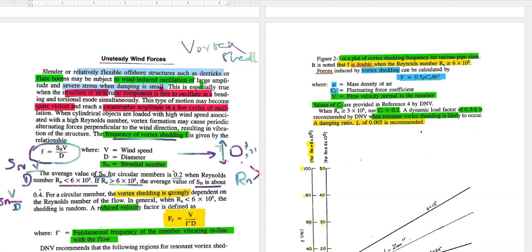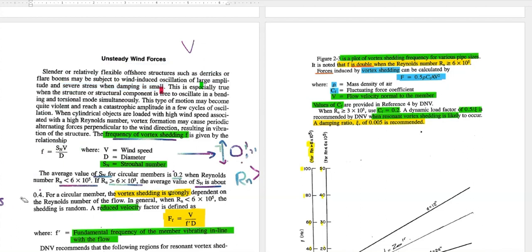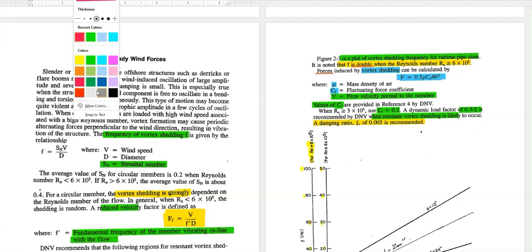For a circular member, vortex shedding is strongly dependent on the Reynolds number of the flow. So someone can question you: for a circular member, the vortex shedding frequency or Strouhal number is strongly dependent on the Reynolds number of the flow.